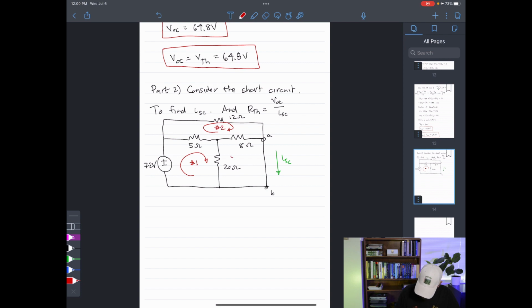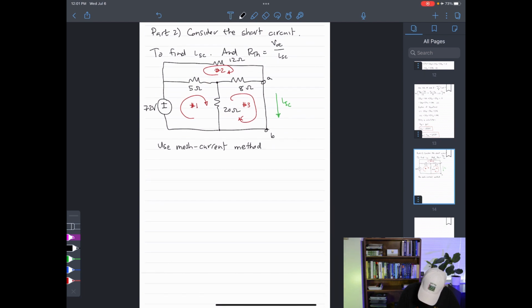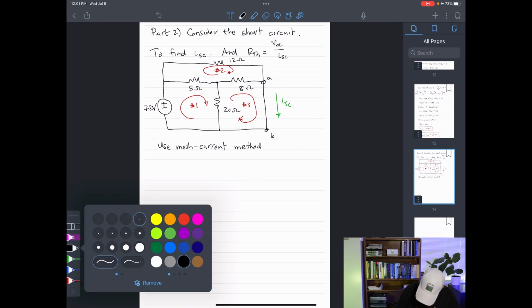So if I use KVL around mesh number 1, remember it's the sum of the voltages around this mesh that must add up to 0. So I'm going to start here, and then I'm going to go in this direction, through each one of those components.